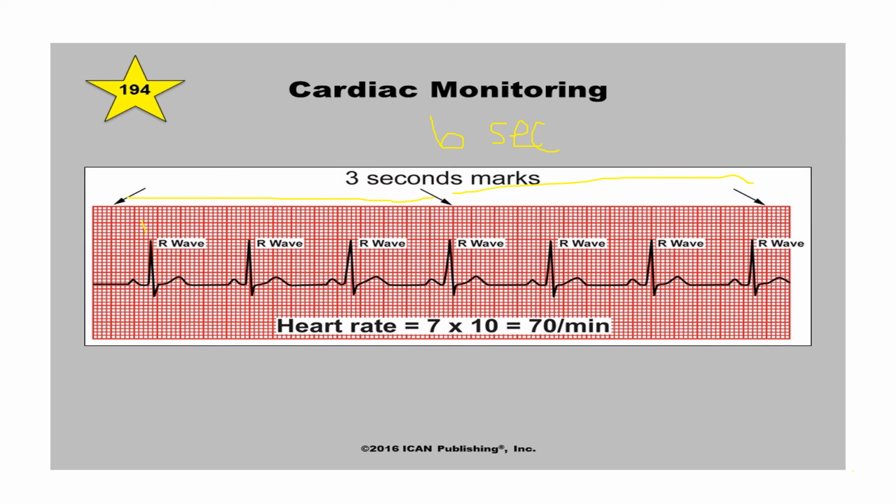So up here, this is your R right here up at the top. So 1, 2, 3, 4, 5, 6, 7. So we have 7. We're going to times that by 10. And we know that this has 70 beats per minute.